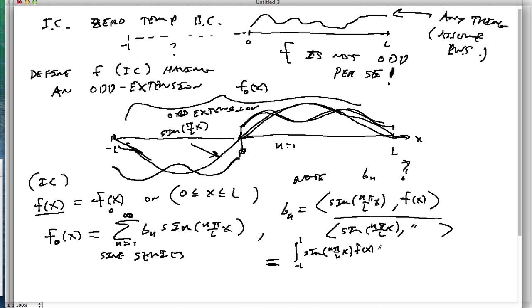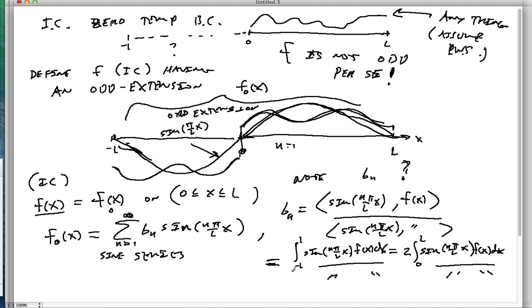times f of x. We can rewrite this as 2 times the same integral from 0 to L of sine n pi over L x f of x dx, and of course we have the same inner product on the bottom.